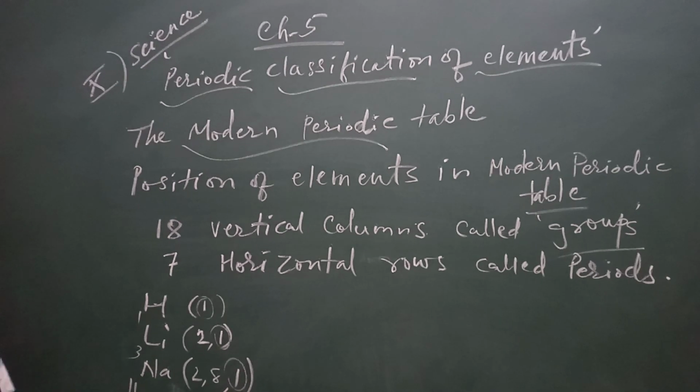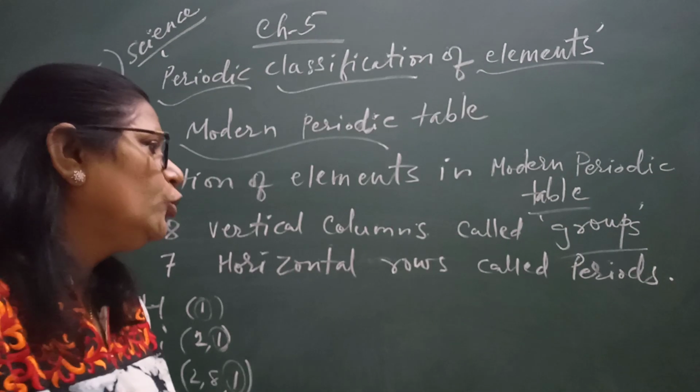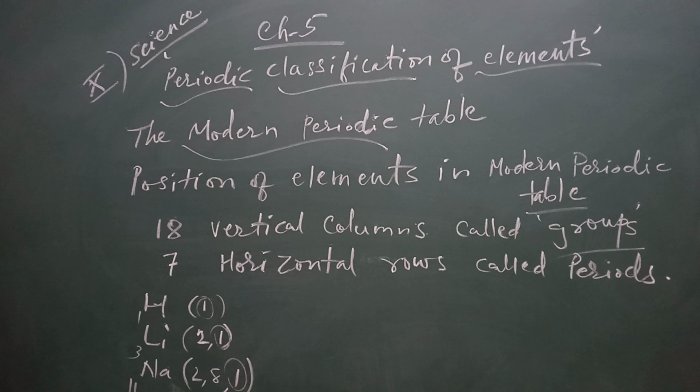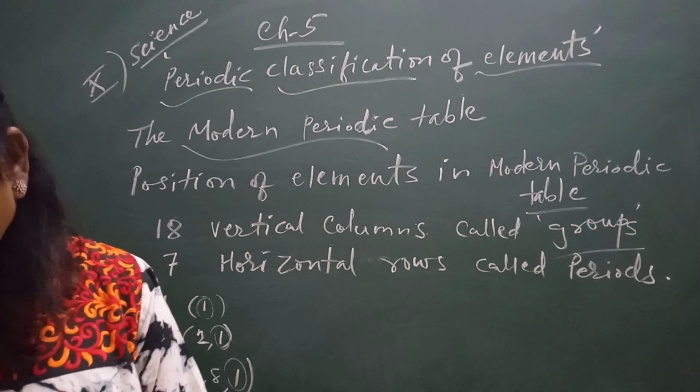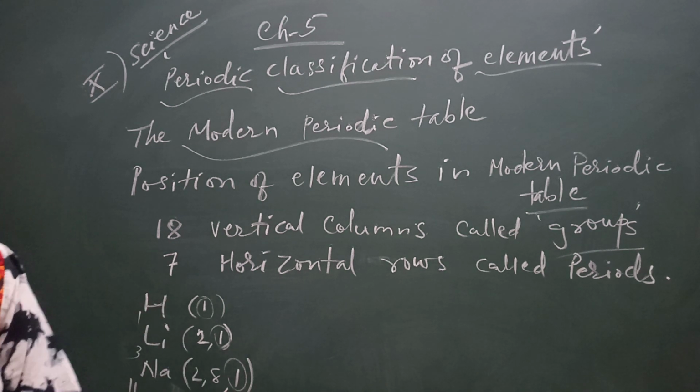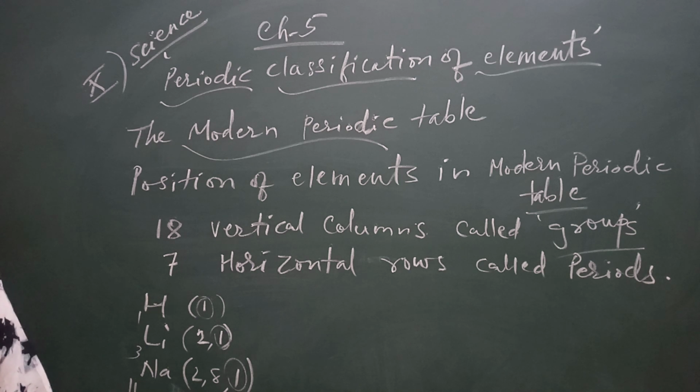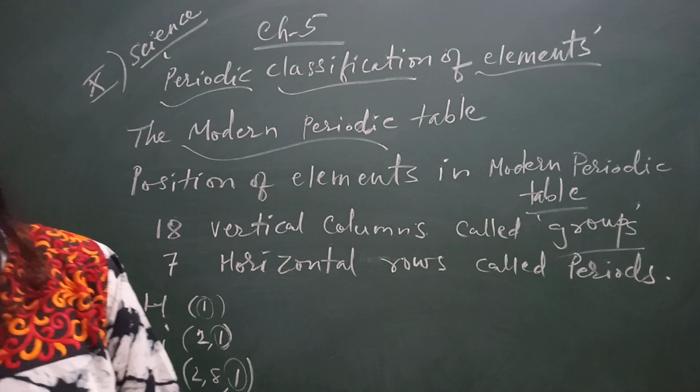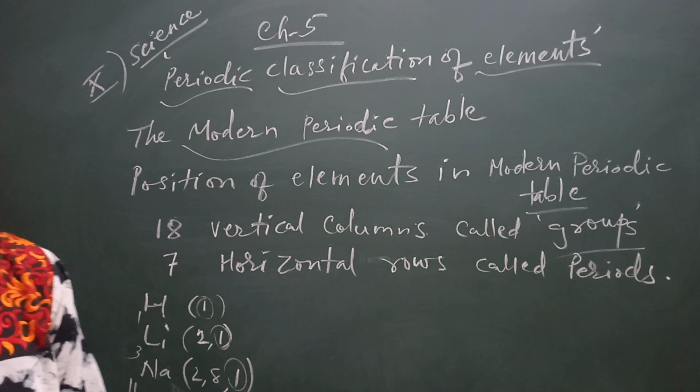So the modern periodic table consists of 18 groups and 7 periods. Now let us perform activity 5.4 to place an element in a certain group and period.